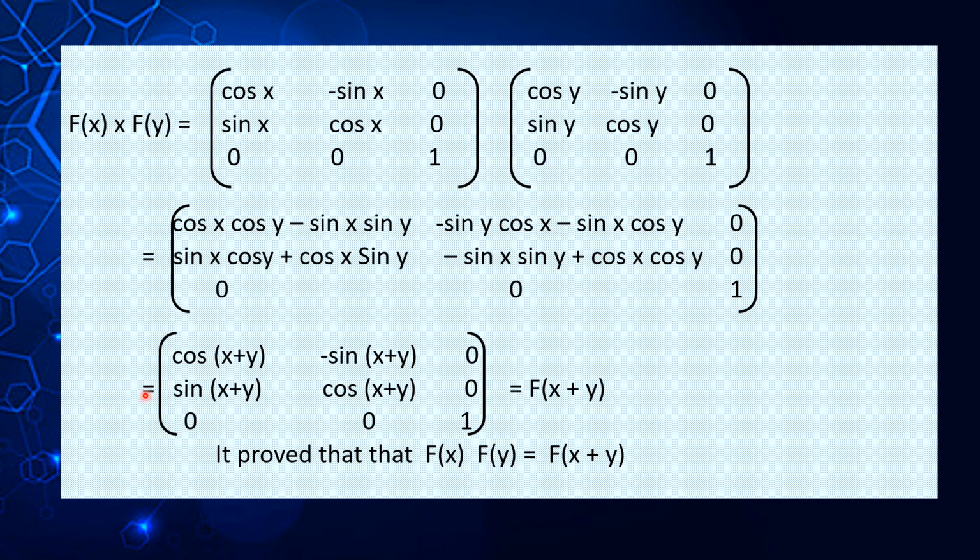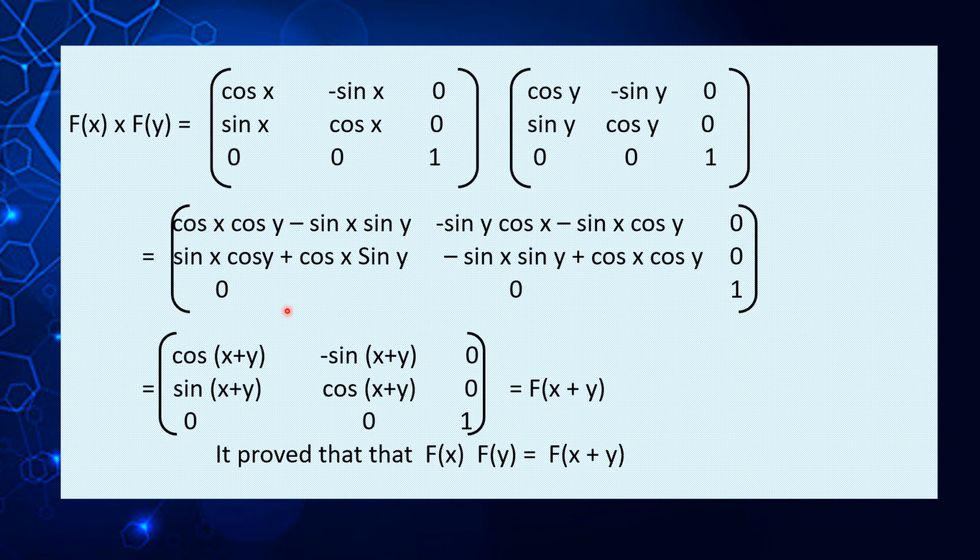I hope you guys understood how we got this. We would be multiplying the first row into first column, second column and third column, then the second row into first column, second column and third column, and the third row into first column, second column and third column. That's how we got this value.